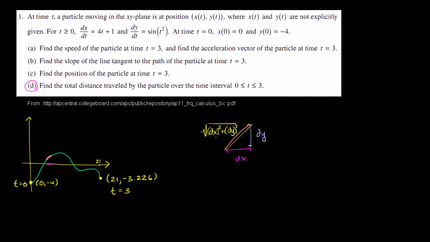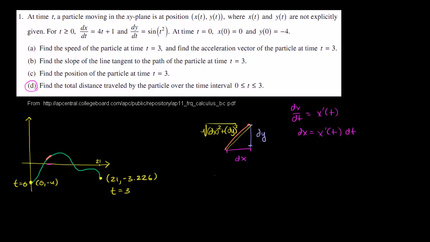Now, how do we write these as functions of t? We know that dx/dt is equal to x prime of t, or if we treat differentials kind of like numbers, which you can most of the time, though this is not very rigorous, dx is equal to x prime of t dt.